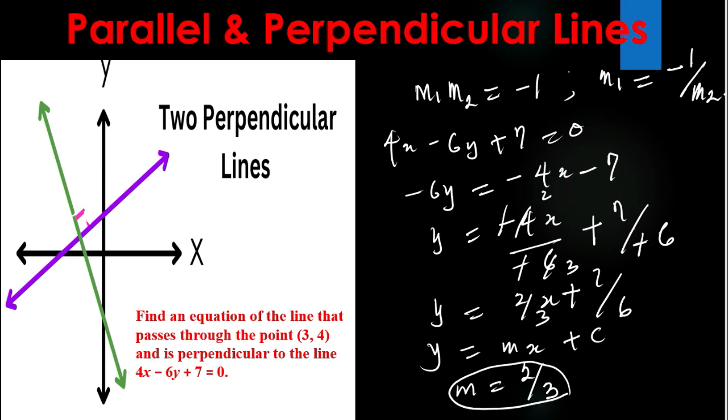Now let's take this as m1, and we'll look for the second, m2. Let's remember that it passes through the point (3, 4). So x equals 3, y equals 4. Our m1 was 2 over 3.